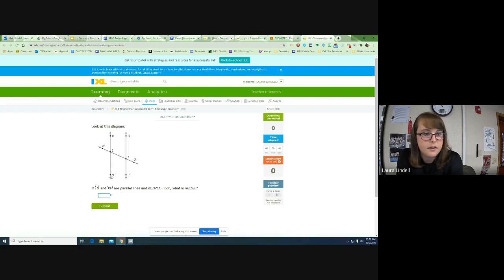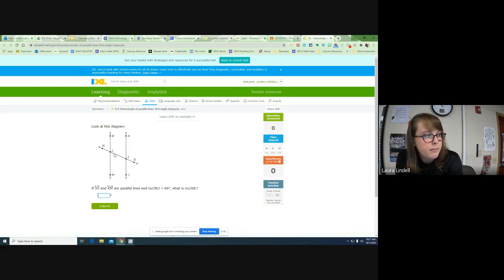Okay. So for this first one here, they tell us we've got parallel lines and that MLI is 66 degrees. So MLI, that's this one right here. And they want to know what is HIL, this angle right here. We have these two angles.